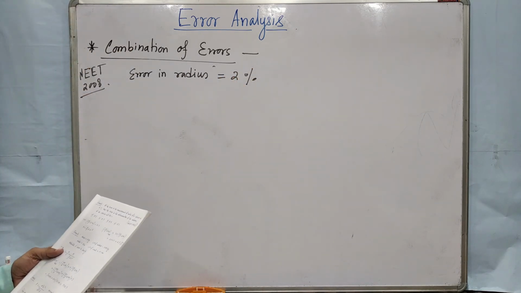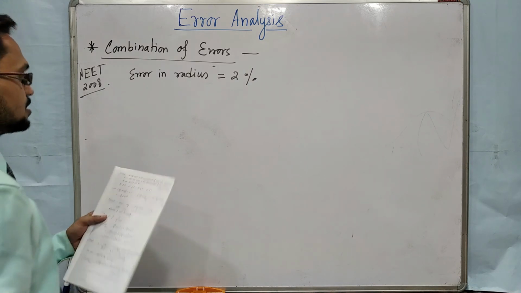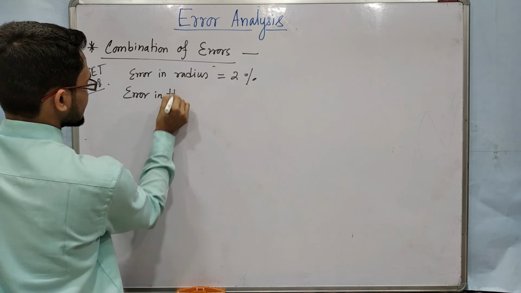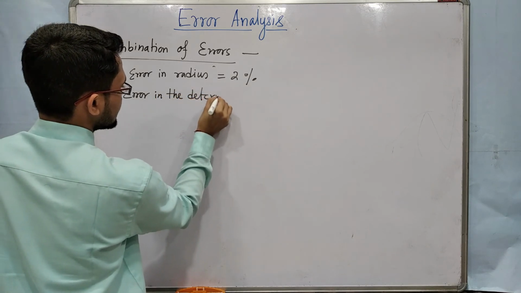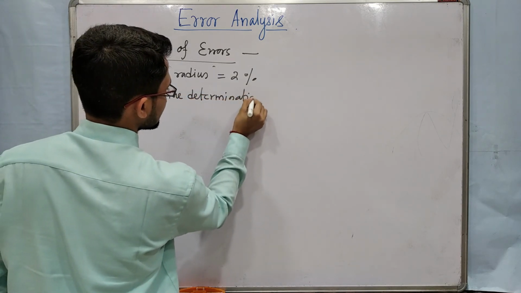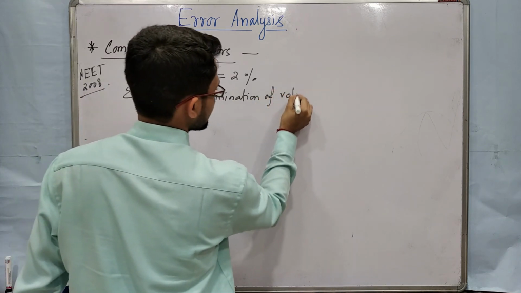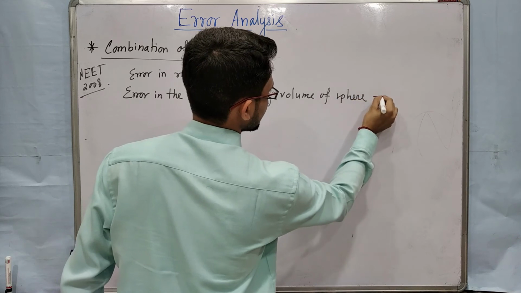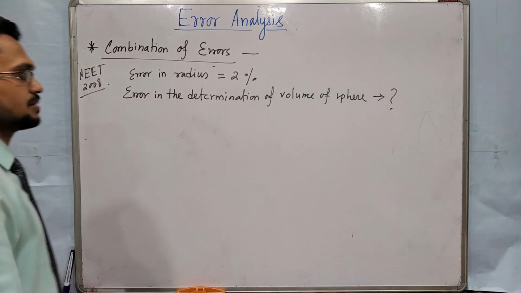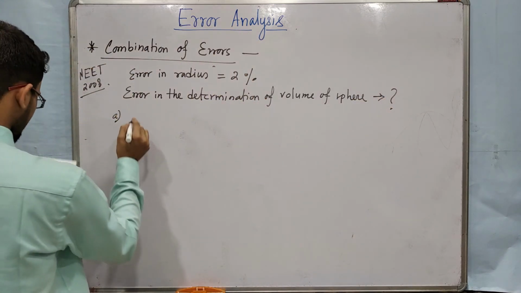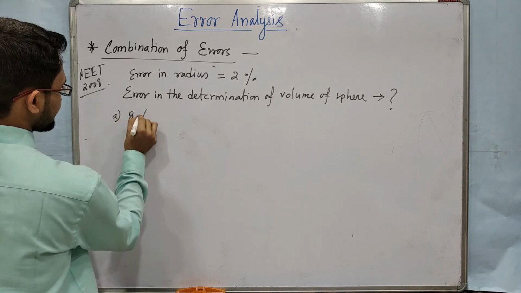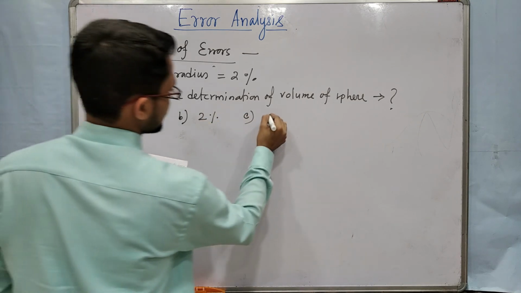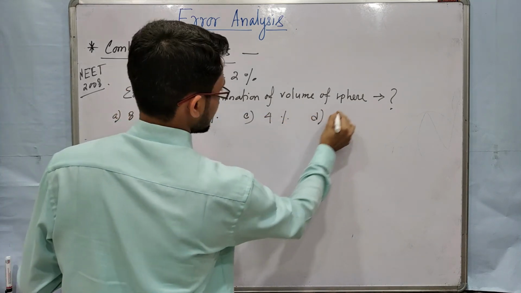You have to find the error in the determination of volume of sphere, that we have to calculate. I am giving the 4 options. A is 8, B 2%, C 4%, and D 6%.